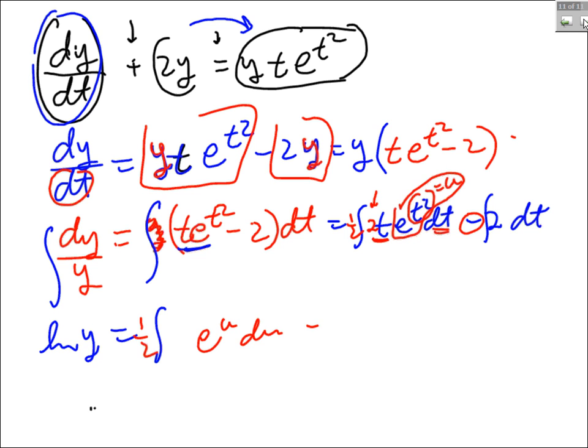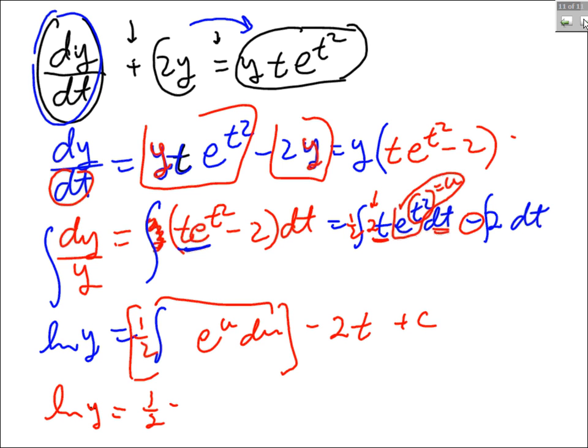Minus the integral of 2 dt is 2t. Plus some constant. So you have ln of y is equal to 1/2 the integral of e to the u du, which is e to the u, where u was t squared, minus 2t plus c.